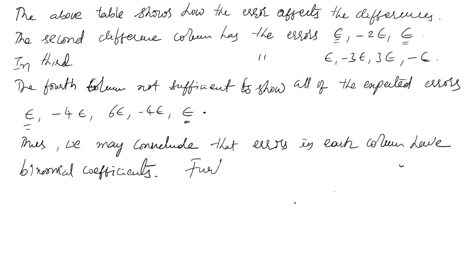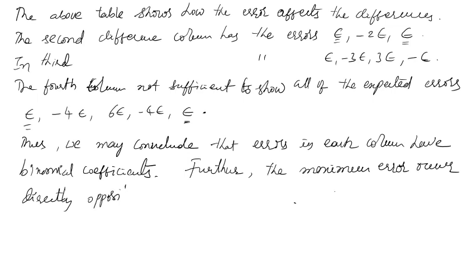Further, the maximum error occurs. What is the maximum error? 20 epsilon occurs directly opposite to the entry, that is, 20 epsilon occurs directly opposite to epsilon, the starting value of entry, where the function value is in error.